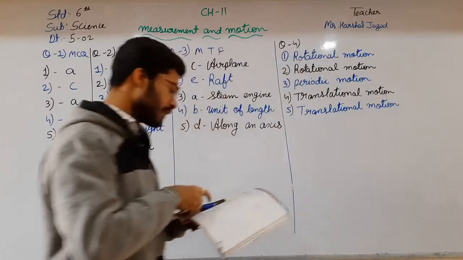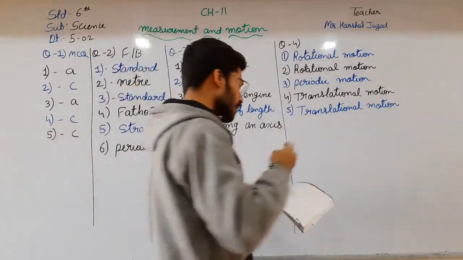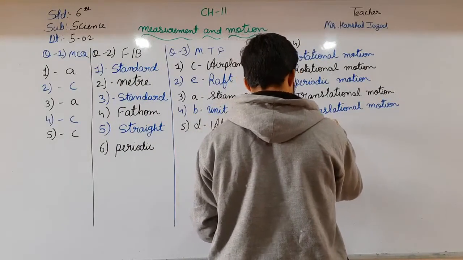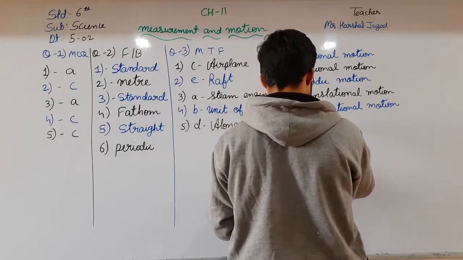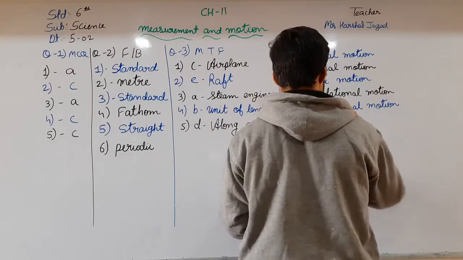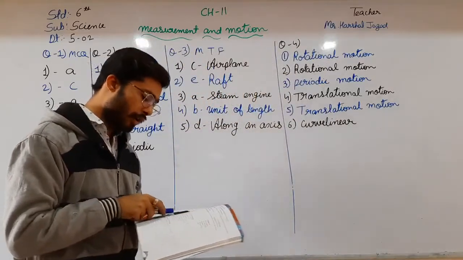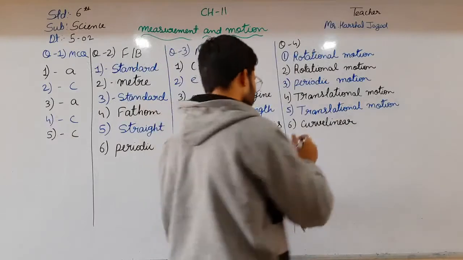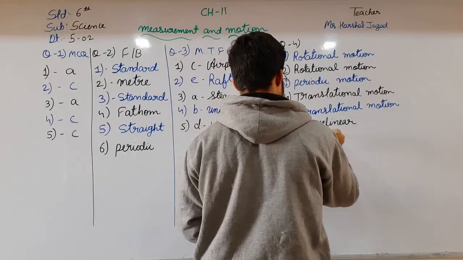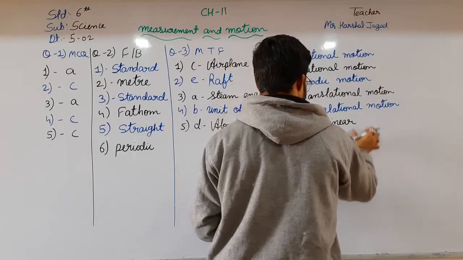Sixth one, a basketball thrown up in the air, that is curvilinear. Seventh one, the hands of the wall clock, that is periodic motion.